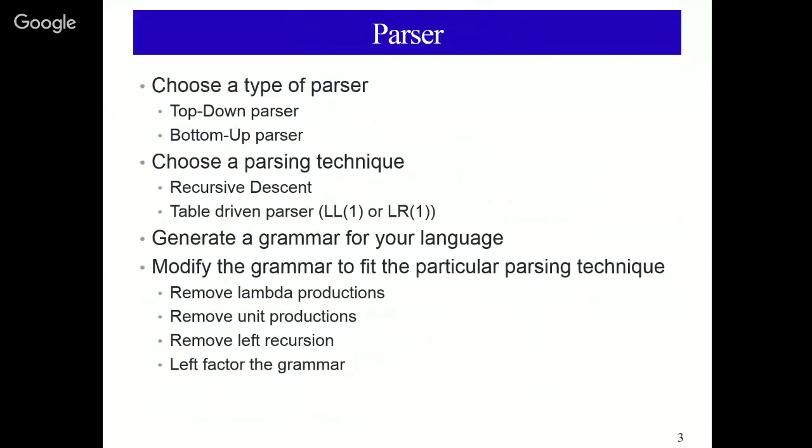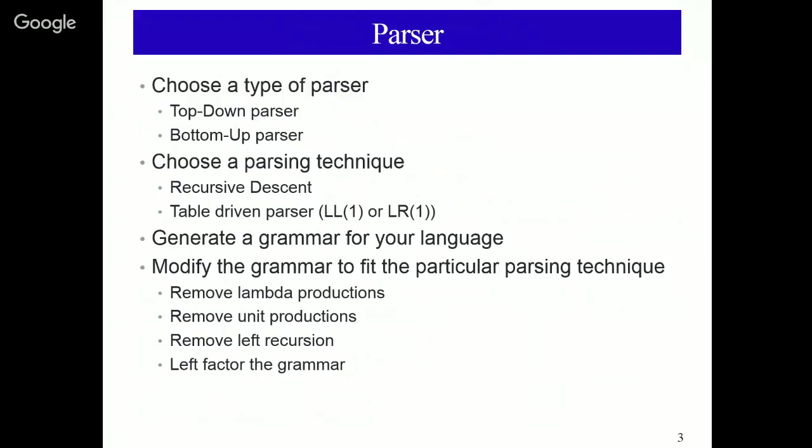But both those techniques use the grammar itself. We're not just going to ad hoc decide what goes where and what's allowed. We really rely very heavily on the grammar. Once we have the grammar done, then we can just turn to any of these techniques and just write it.